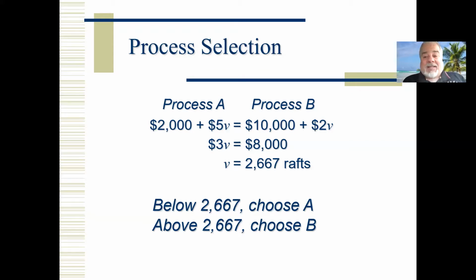What's my confidence that I can really sell that many? What's my confidence that the price that we will receive, the revenue, will be what we expect, $10 per raft? Now, in this case, we don't even care what the revenue is for this equation.